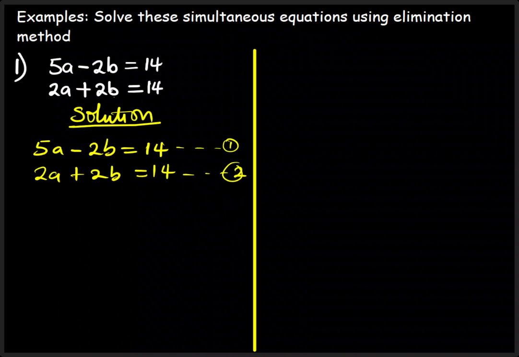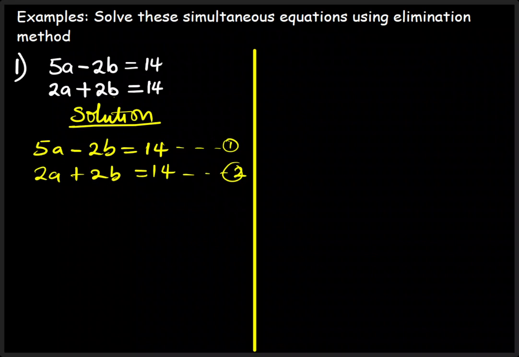The first thing we are going to do is to check if the equations are clearly arranged. Okay, so I think they are clearly arranged there. Variables are on one side and then the numbers are on the other side. So they are clearly arranged.